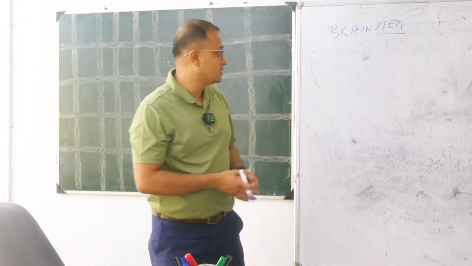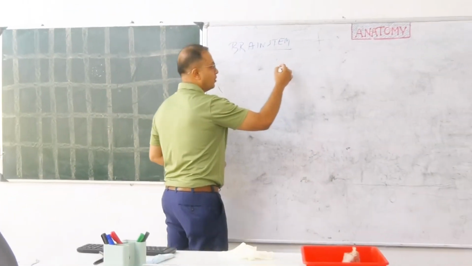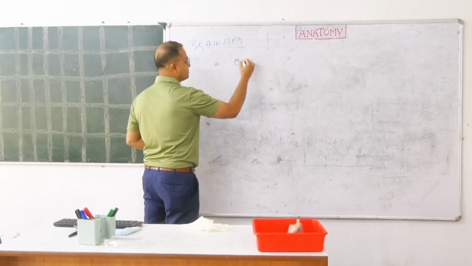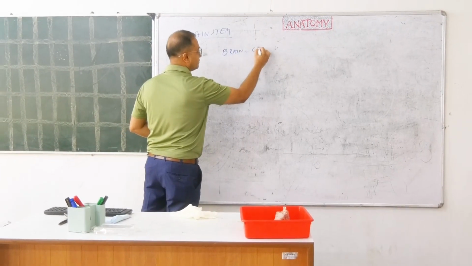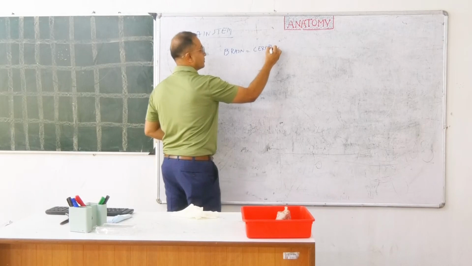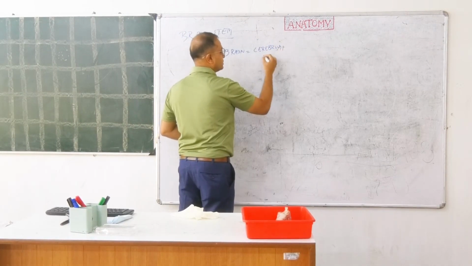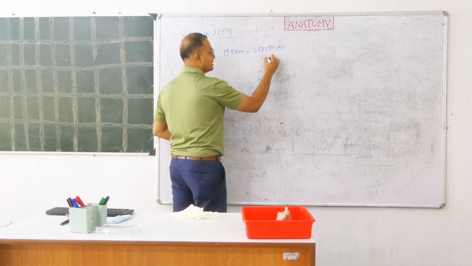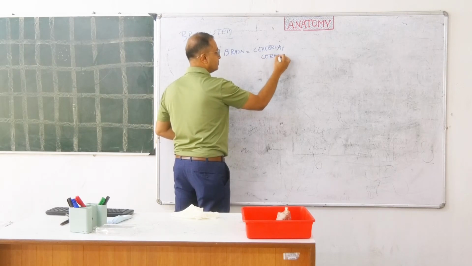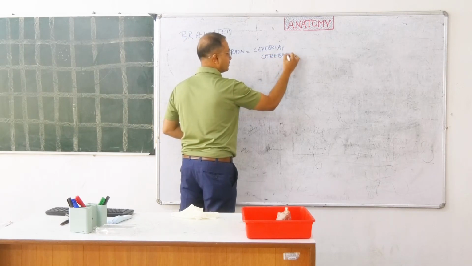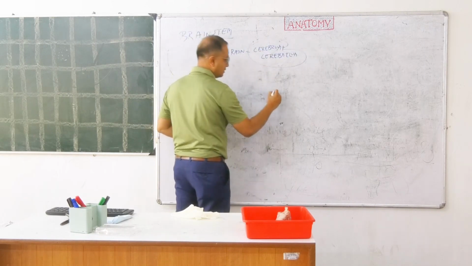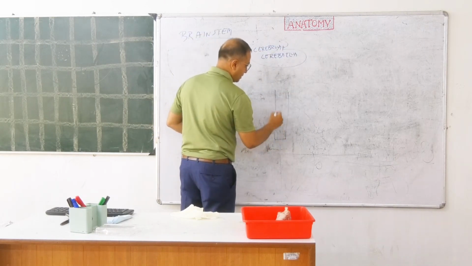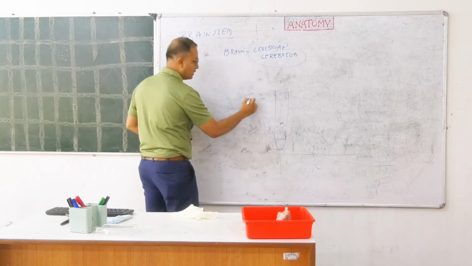So in this particular system, in the neurological aspects, we have the brain, which we call the cerebrum, below it we have the cerebellum, and these together are connected to this particular tube, which we call the spinal cord.